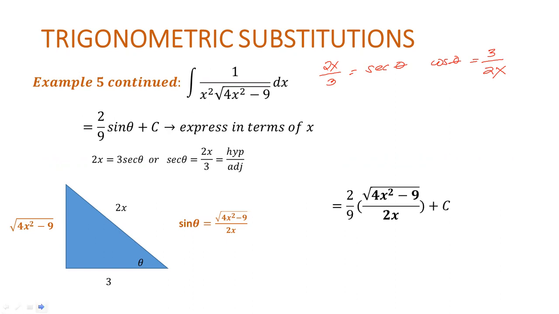Your answer would be 2 over 9 times the square root of 4x squared minus 9 over 2x. Okay? And you can cancel this 2 and this 2 in here, giving you 1 over 9, the square root of 4x squared minus 9 over x.